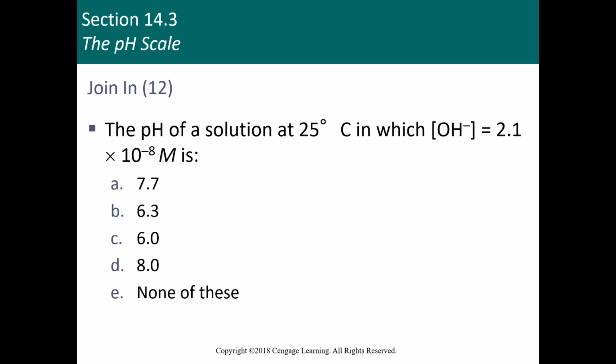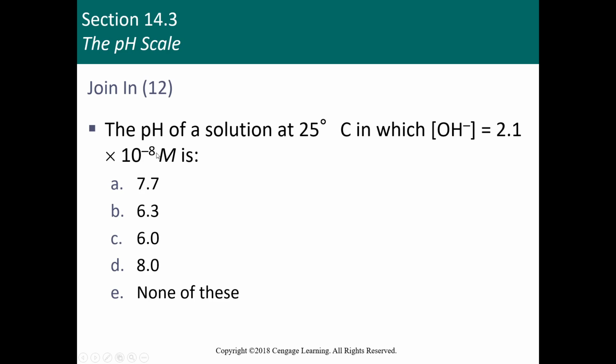Okay, so the pH of a solution at 25 degrees Celsius in which OH minus equals 2.1 times 10 to the negative 8 molarity is what? All right, so you're going to again take your negative log of your OH minus is the way I would do this. And so once you've taken your negative log of OH minus, you'll find it's a value somewhere around 8-ish, right?